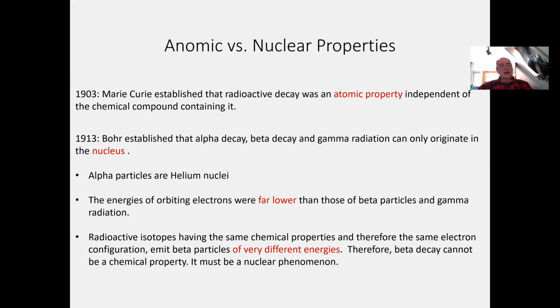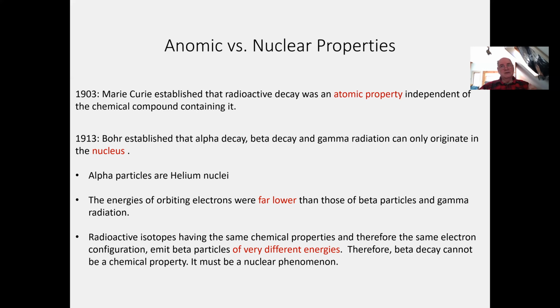Very easy. Although the beta particles are electrons, he could show, because he knew the energy levels of the planetary electrons, that there's no way that those measly little energy levels that he was using to give off the spectra could in any way compete with the tremendous energy coming out of the beta electrons. The beta electrons were a totally different class, okay?